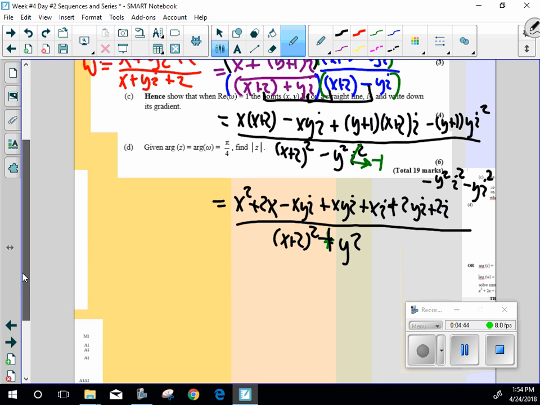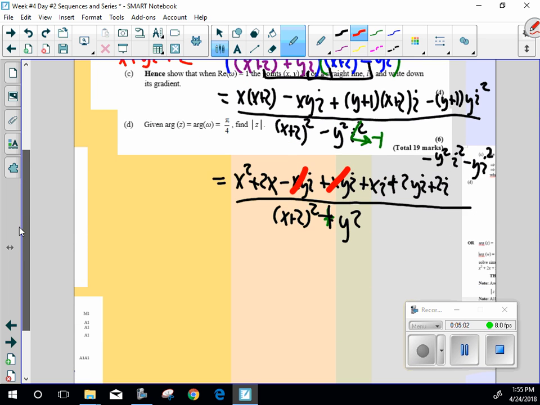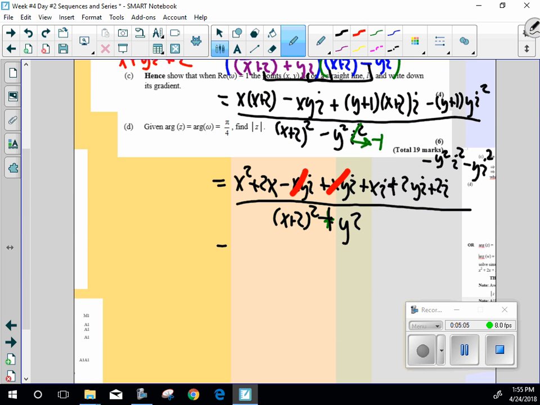Okay. Now let's see if we can take care of the top part. But look what happens to this minus xyi and the xyi. These two cancel. Let's put the rest together. So you get x squared plus 2x. What is yi squared? Yeah, it's plus y squared. Minus yi squared will be plus y.